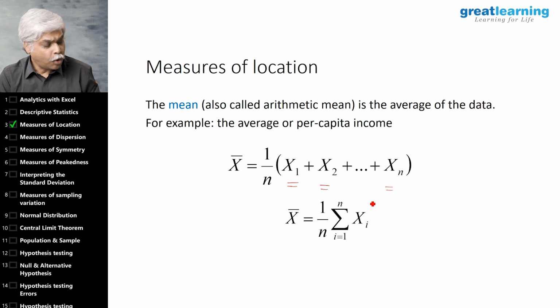So when we add up all the observations and then multiply by 1 over n, equivalently dividing by n, we get the average. This is indicated with the summation notation, the sigma notation, summation i equal to 1 to n, that is shorthand for the sum that is written above.